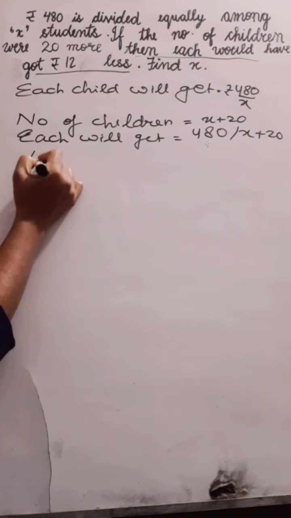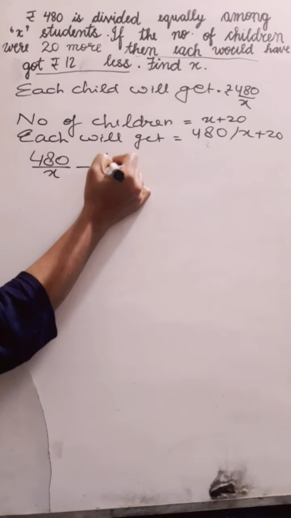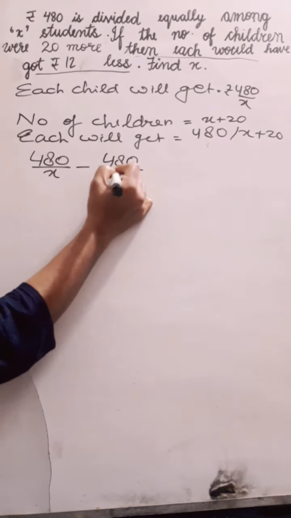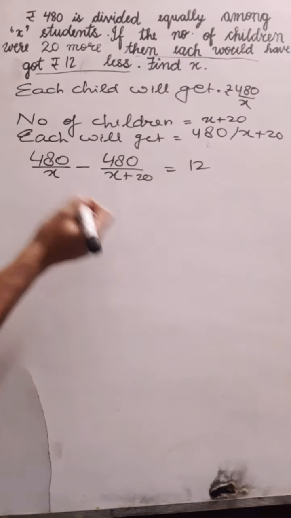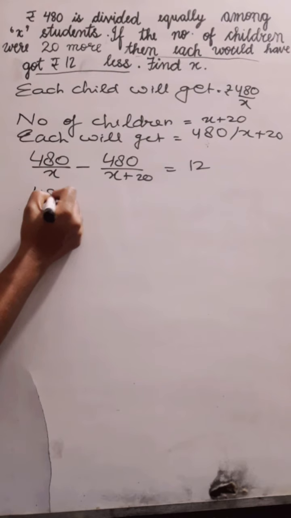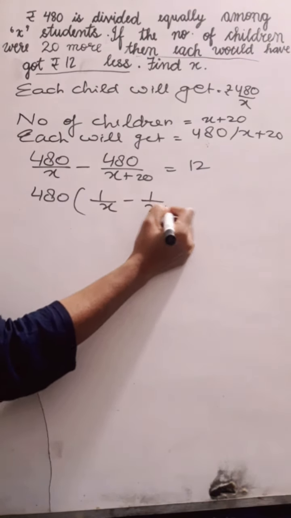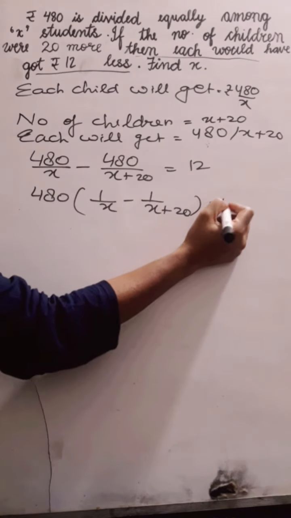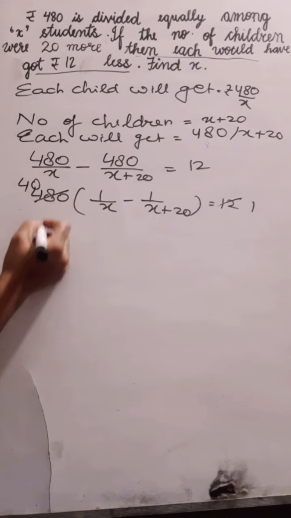So from this I can write the equation 480 upon x minus 480 upon x plus 20, and the difference of both of them is 12. Now we need to solve it. So I can take 480 common. I will have 1 over x minus 1 over x plus 20 equals to 12. This can cancel out. I will get 40 here.